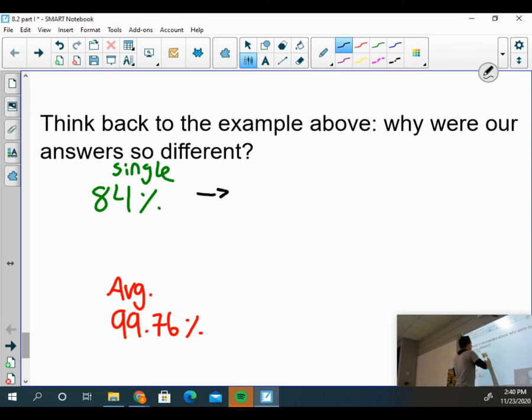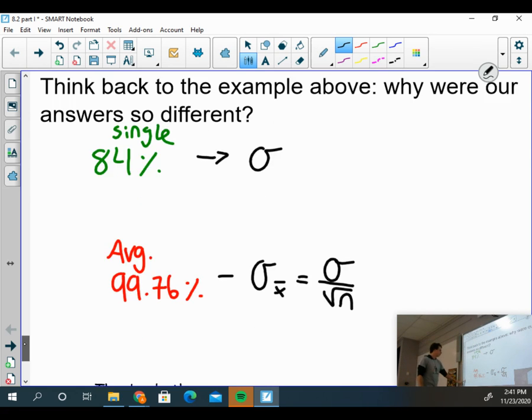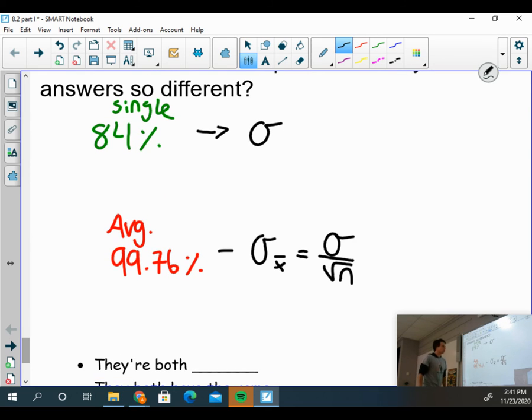You see here we used the typical population standard deviation because we were looking at the population. But here we use the standard deviation of the sample means, which is equal to the population standard deviation divided by the square root of n. How does that affect our answer?